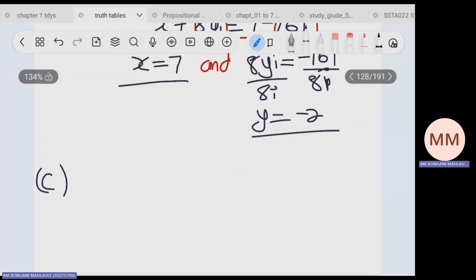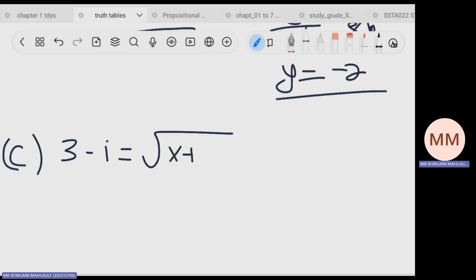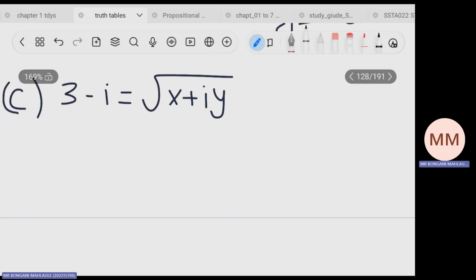Number C, if you have 3 minus i is equal to root of x plus iy. I can square both sides.